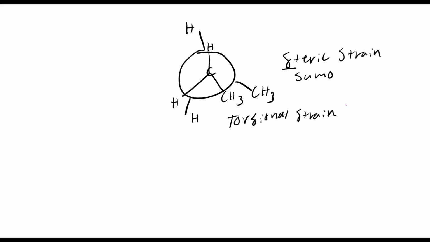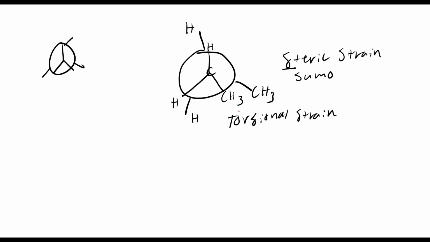That's not good. This molecule has both steric and torsional strain. Steric because these two molecules are big and they're going to be bumping into each other, and torsional because their electrons are going to be bumping into each other as well, and those electrons generate torsional strain.